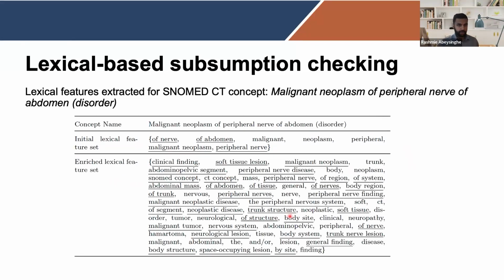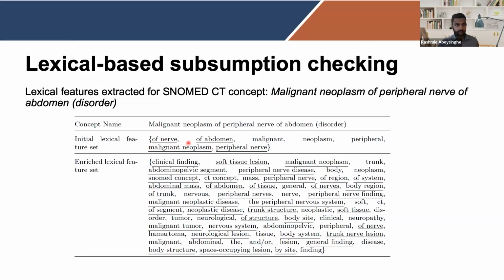So this is an example of a lexical feature set for the SNOMED CT concept, malignant neoplasm of peripheral nerve of abdomen. These are the initial lexical feature set extracted from the concept itself.